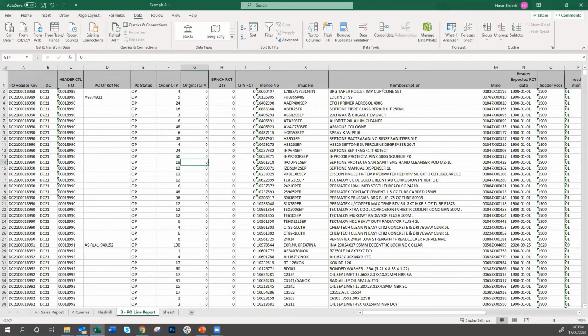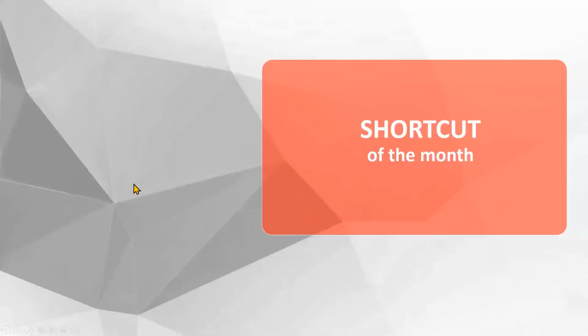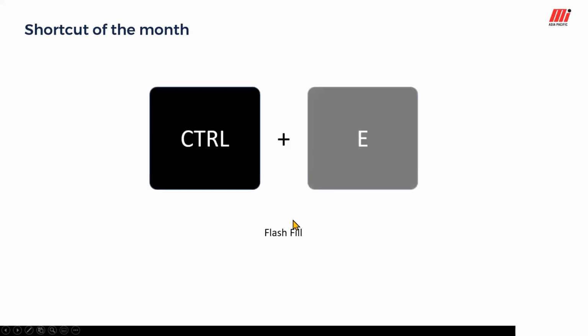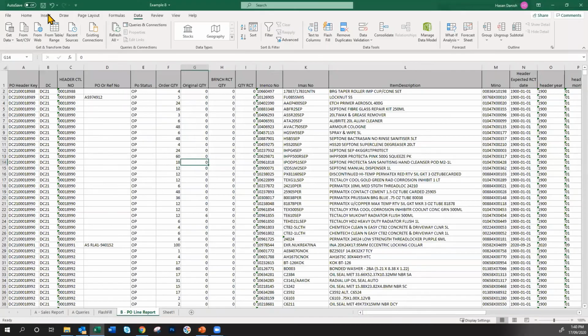Okay, so let's go back and see what we have more. Shortcut of the month. It's time for the shortcut of the month. What is the shortcut? For Flash Fill, because we've been using Flash Fill a lot, instead of going up and wasting half a second, you're going to press Control E. Let me just show you how it works.